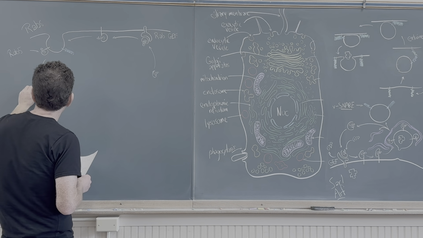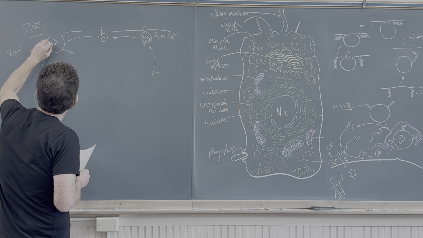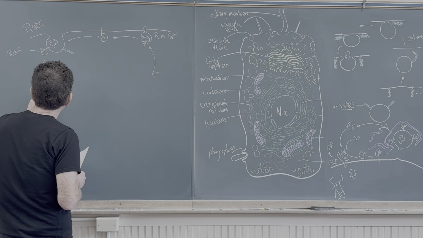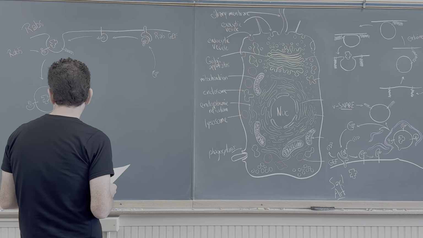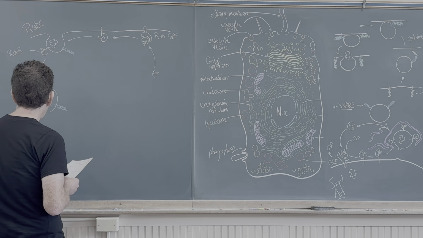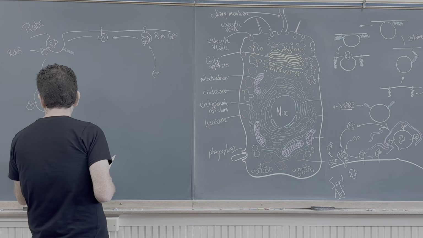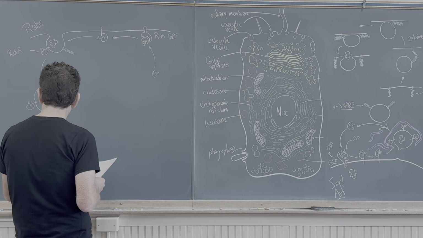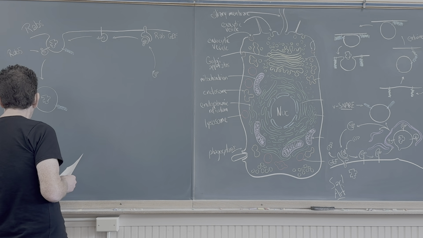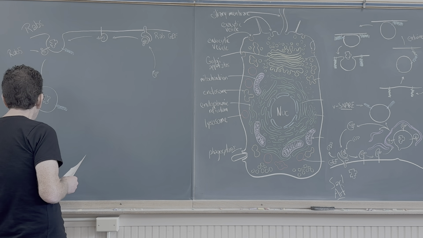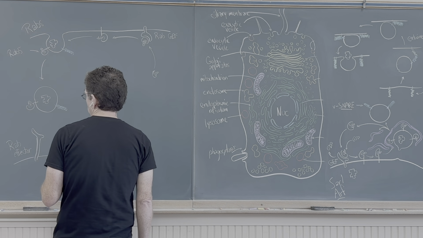This vesicle sailing off into the cytoplasm with its precious cargo encounters target membranes through proteins embedded in them that are RAB effectors, so called because they're analogous to the effectors that mediate the effects of, say, Rho or RAS or other GTPases.